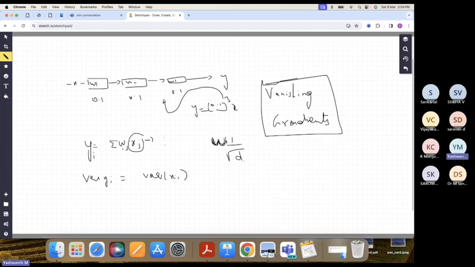When you have an activation such as ReLU, you have to do this by square root of 2. This is a popular initialization called He. He is named after the author of this work.